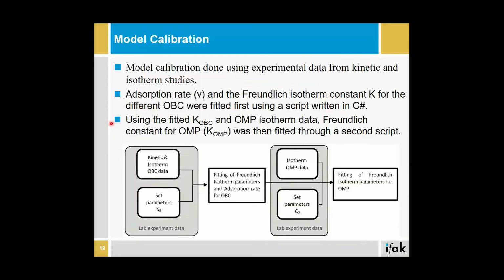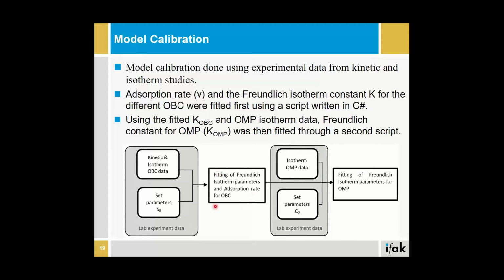So in order to calibrate the model, calibration was done using experimental data from kinetic and isotherm studies obtained from Karlsruhe Institute. The adsorption rate and the Freundlich isotherm constant for the different OBCs were fitted first. So we have here the experimental kinetic and isotherm data, and the K value and its adsorption rate were fitted first, using a script written in the C# programming language based on the EAST equations shown before.